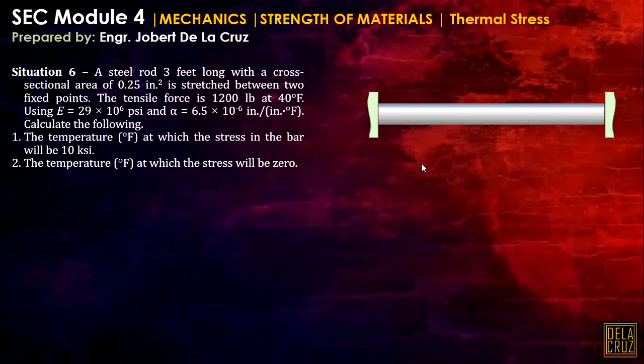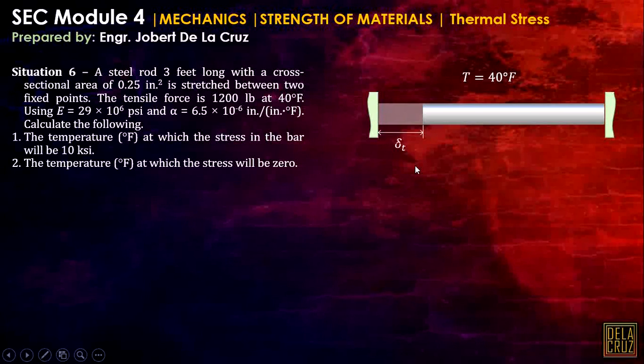Ano yung analysis? Okay, so imagine this. When the temperature drops, yung material natin will be shrinking or mag-shrink yung material. So, in this case, this rod will shrink. So, ang nangyari dito, as you can imagine, when the temperature is 40 degrees Fahrenheit, that means nag-shrink siya. It will induce a tensile force.